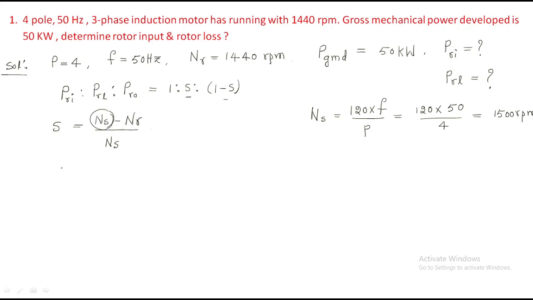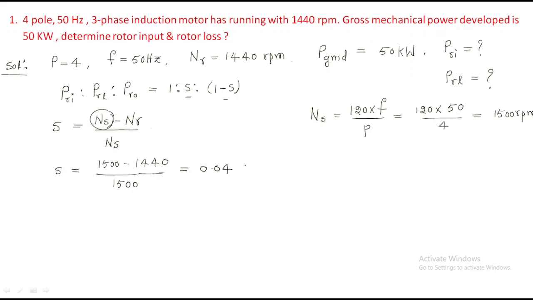Now we can write the slip value: 1500 minus 1440 divided by 1500. Then the slip value is 0.04. This is the slip value.